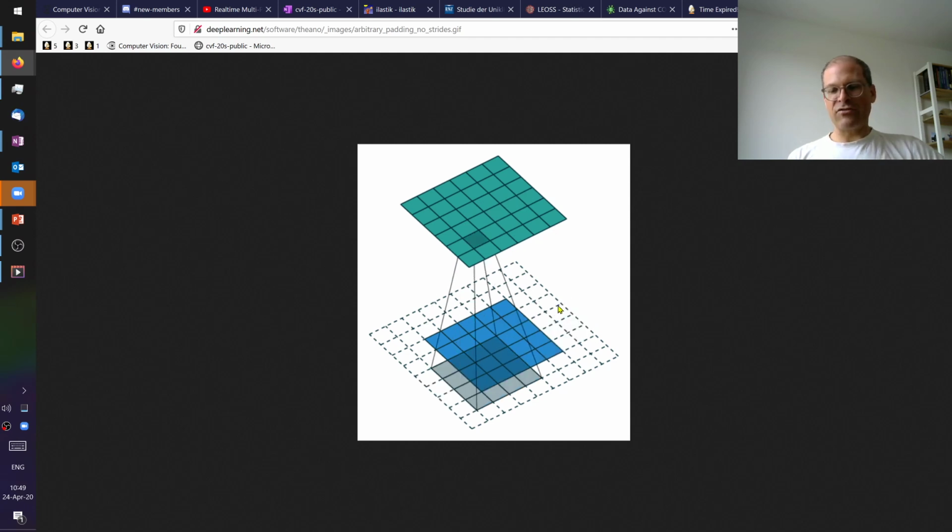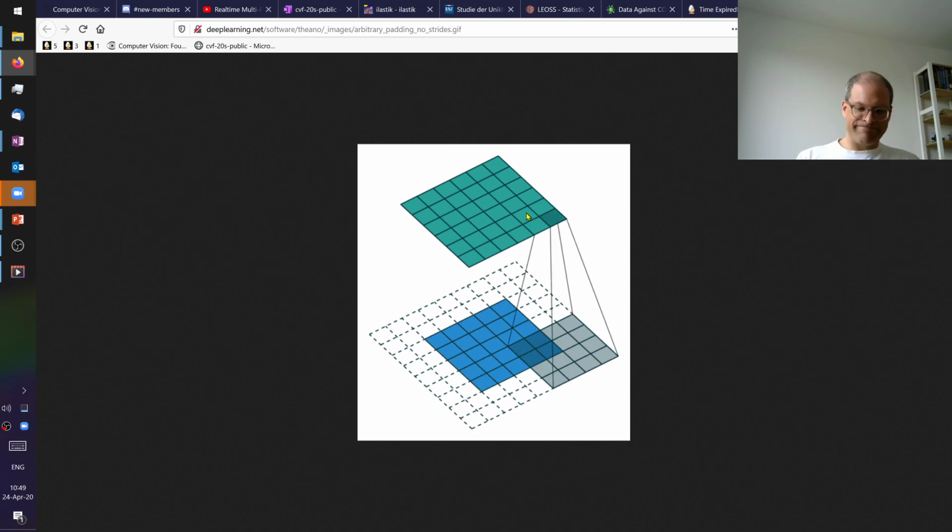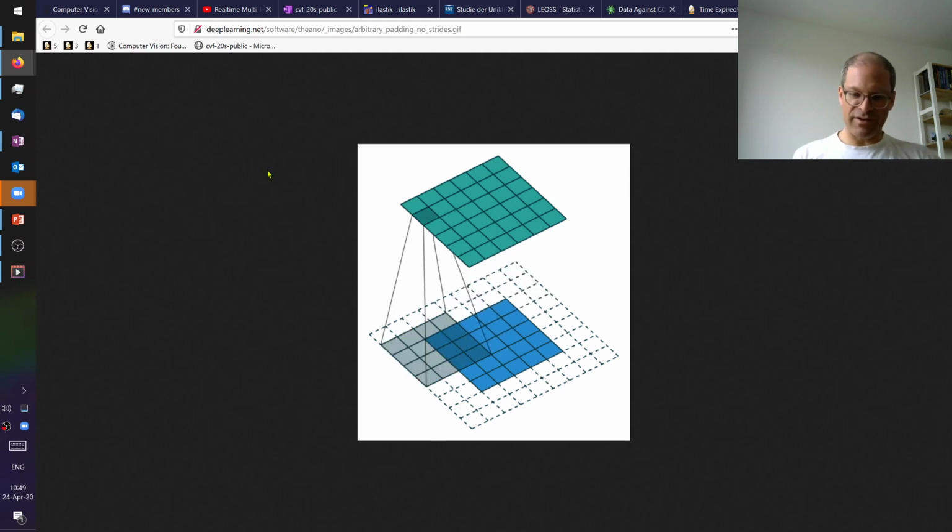So yes, I can extrapolate my image with zeros. So wherever there are these dashed boxes, I would put zeros. But you can see that these zeros will distort my output. So I will certainly see that in the resulting images.